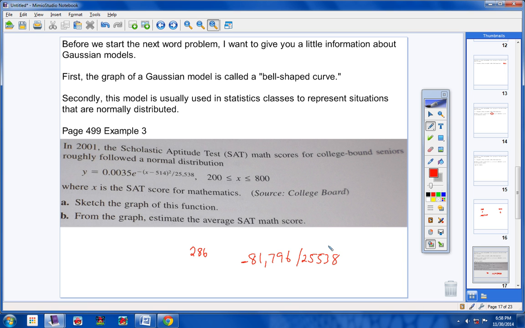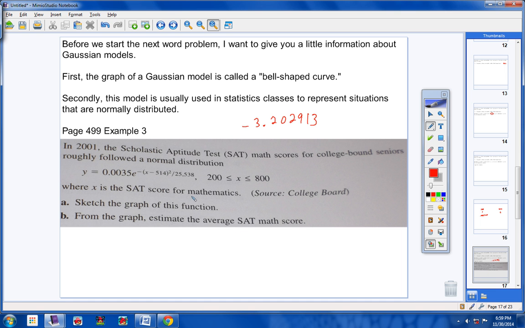And you should get this, students. You should get negative 3.202913 rounded. Okay. Now, look, guys.